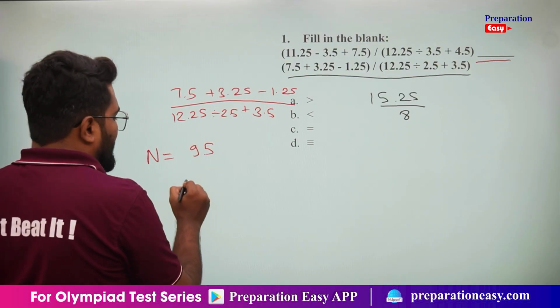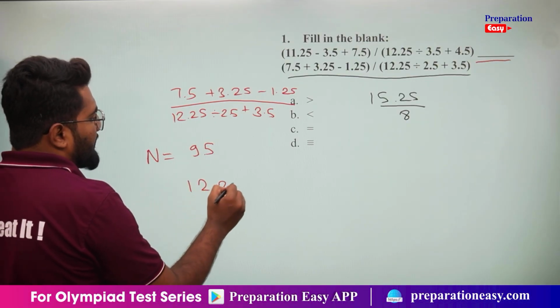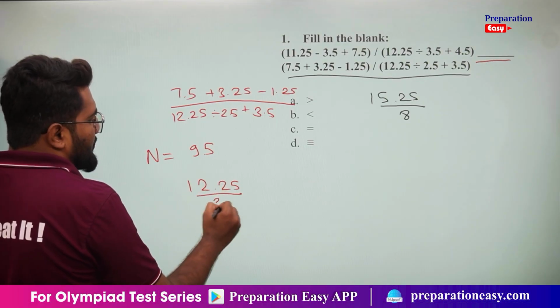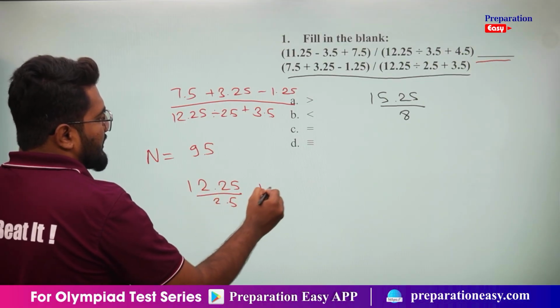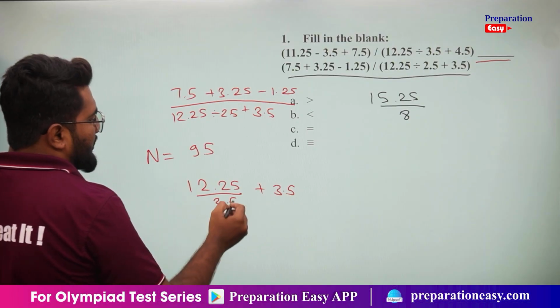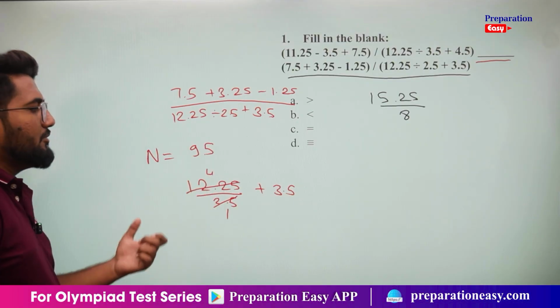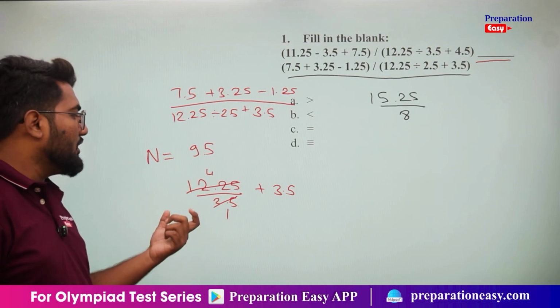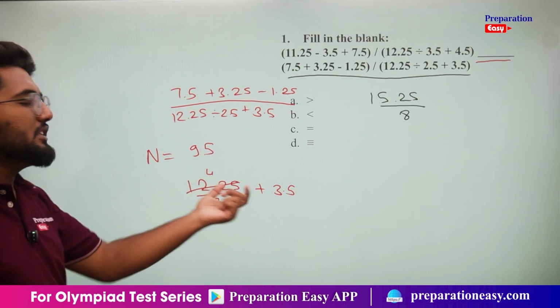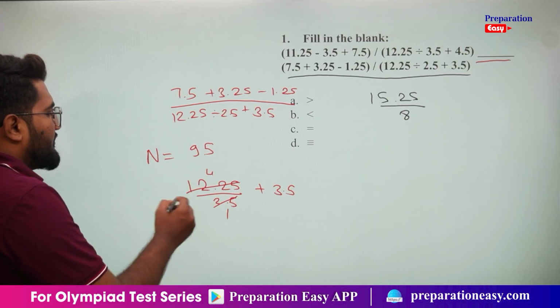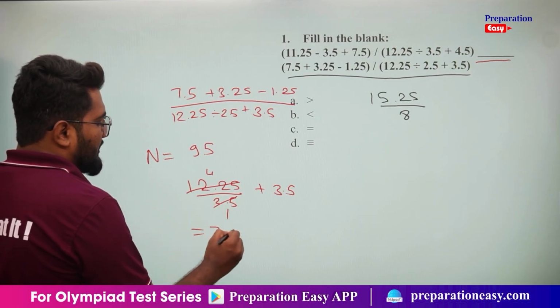Then the denominator, 12.25 divided by 2.5 plus 3.5. 2.5 fours are 12.25, which gives 4, and 4 plus 3.5 becomes 7.5.